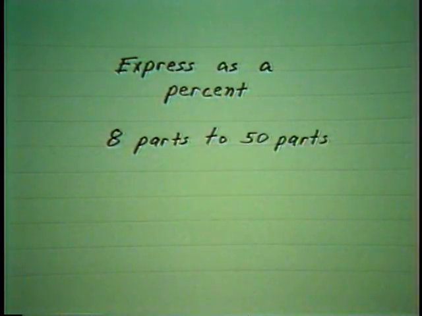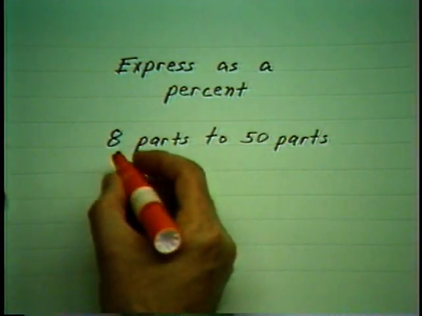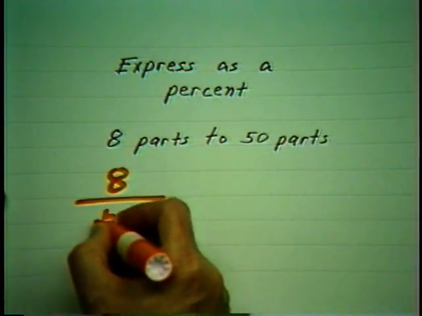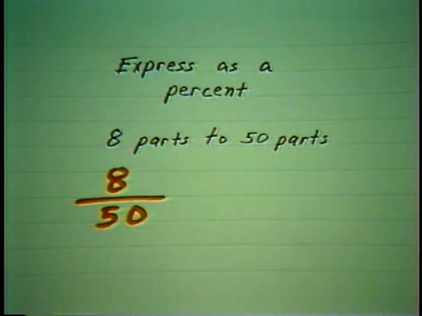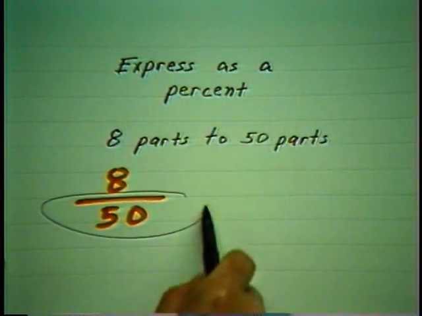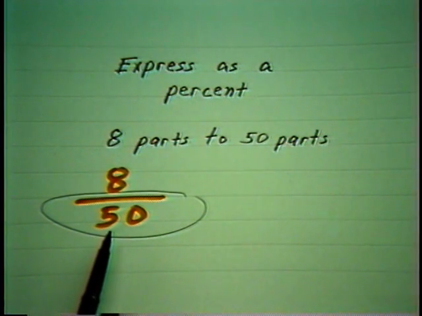Another one. We have the expression 8 parts to 50 parts. 8 to 50. And for whatever the reason, we wish to express this ratio or fraction as a percent. But to do that, the denominator must be 100.